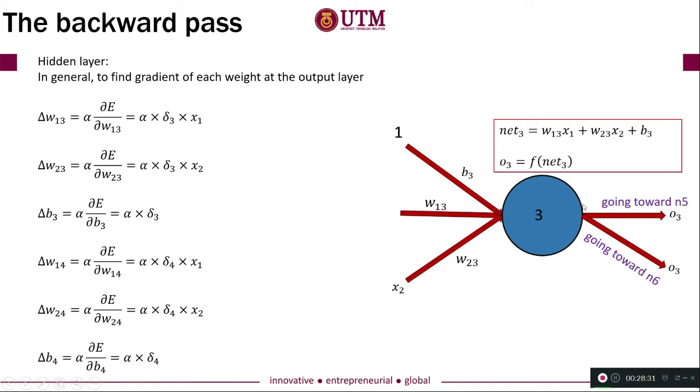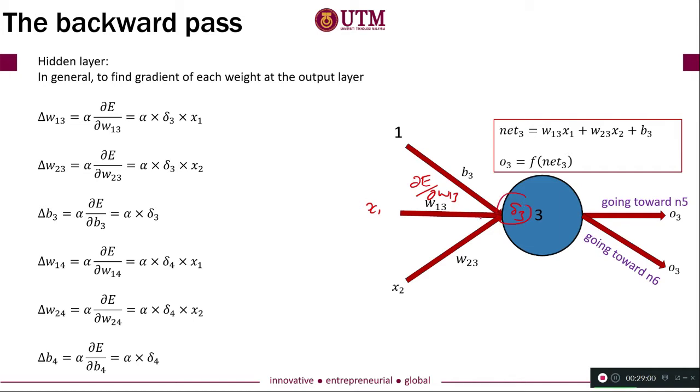Okay, let's say I talk about node 3. If you want to find, let's say, this one, del E over, sorry, forget about the notation, this one should be x1. So del E over del W13, what you do is just multiply delta 3 with x1.